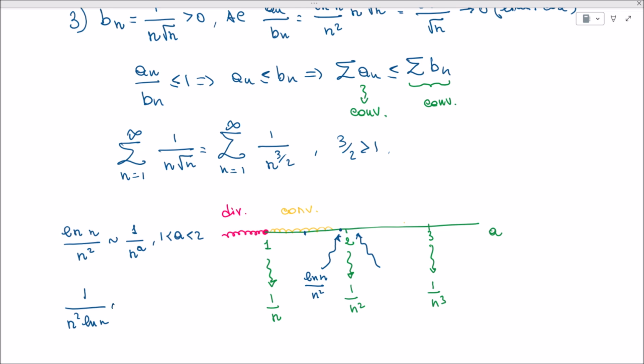Because this would be equivalent to having 1 over n to the a with a larger than 2, okay? So we would see it somewhere here. And again, also in this situation, we would have a convergent series because we are in the realm of convergence of this series. So we have 1 over n squared logarithm of n.